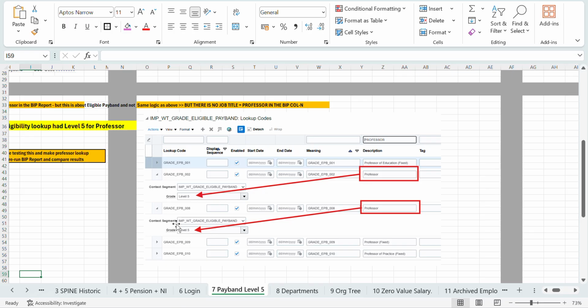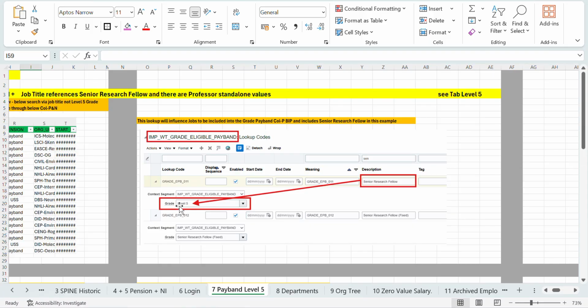And where it says grade level 5, in those list of values, there is not a word for professor, and there is not a word for senior research fellow. Now that's either because those grades have now changed and they represent something else, and we're not sure what that is. So we're just saying level 5 to get these people in. So it's just something that we need to consider going forward, that we understand what it should be for professors and senior research fellows going forward.